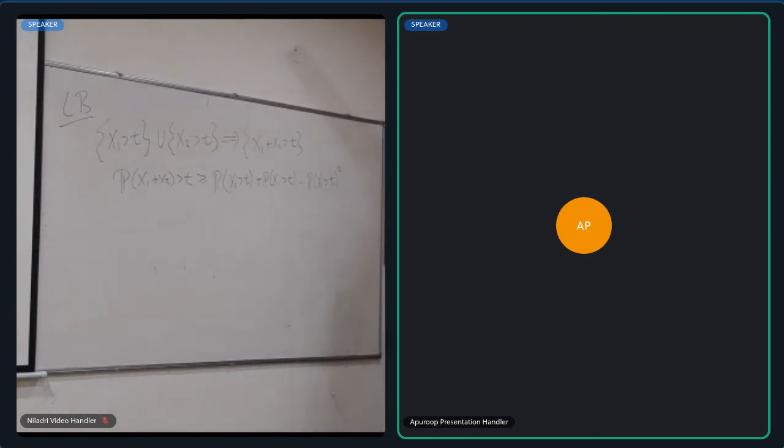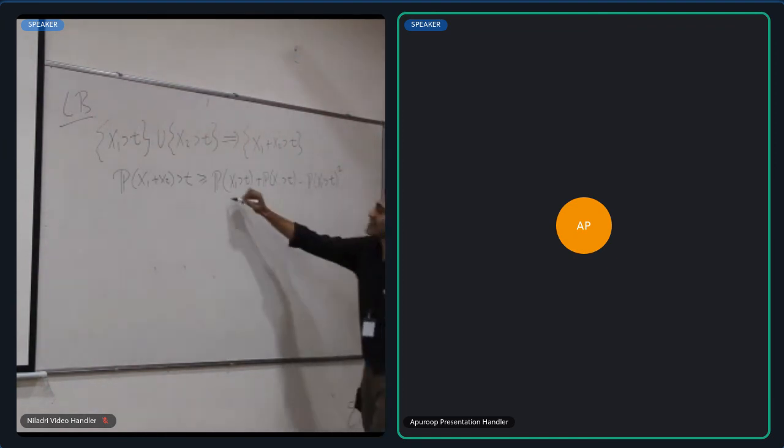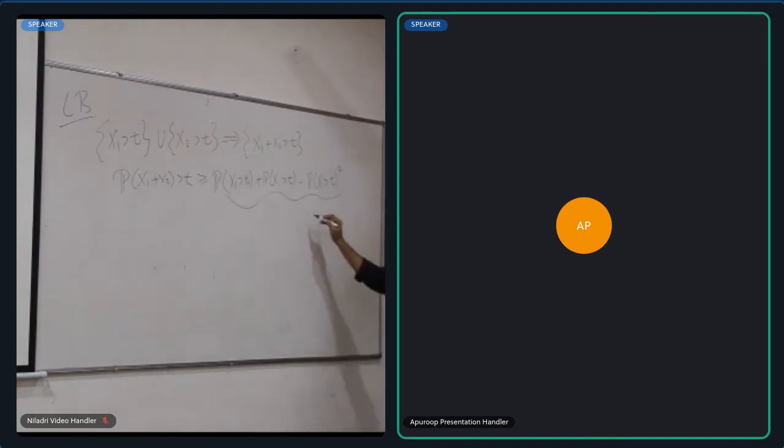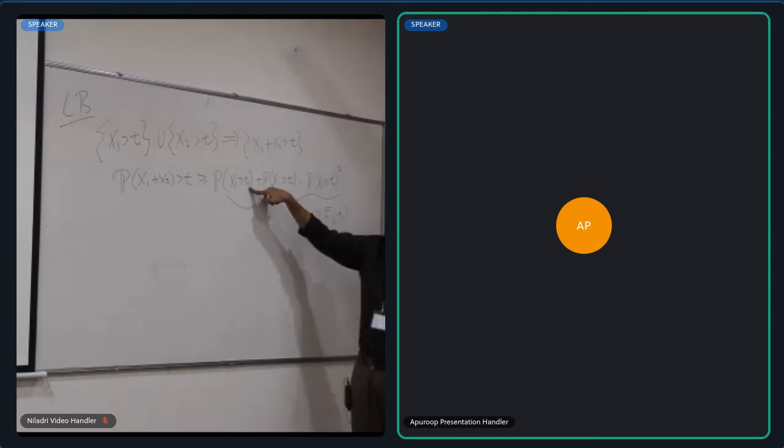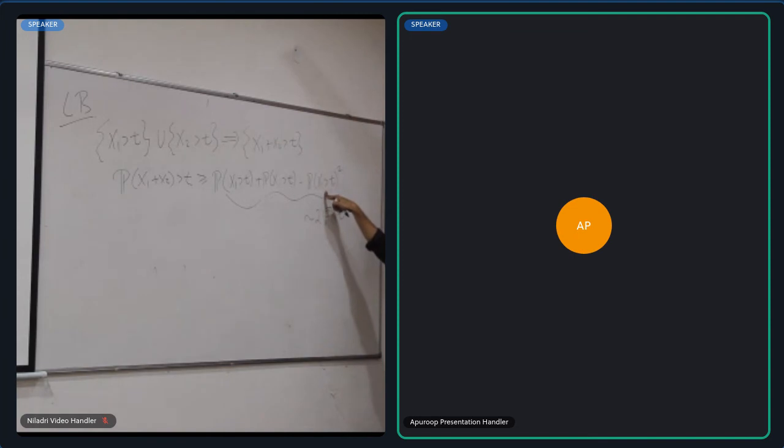Okay. Now note that this lower bound is asymptotically 2 times f bar of t, right? Because the 2 comes from here, and when you square, you are getting something of little o of f bar of t. So the lower bound that we have got is asymptotically 2 times f bar.